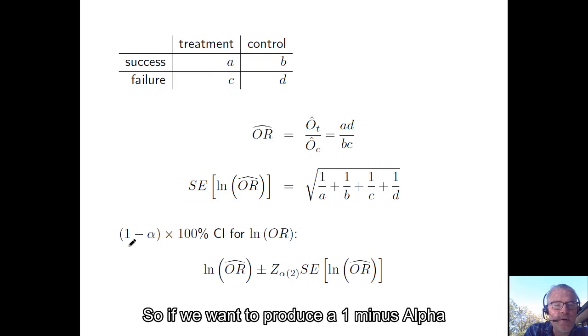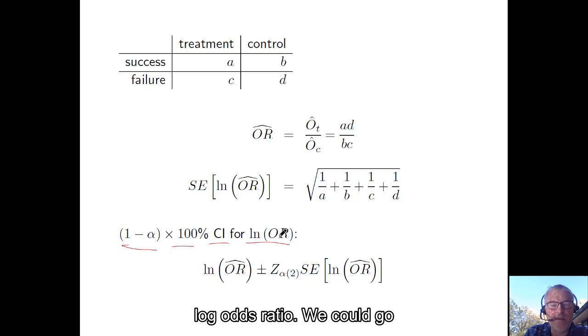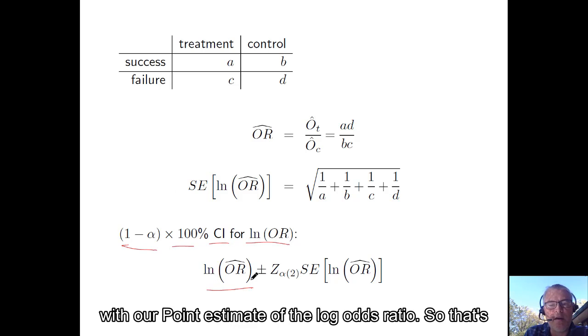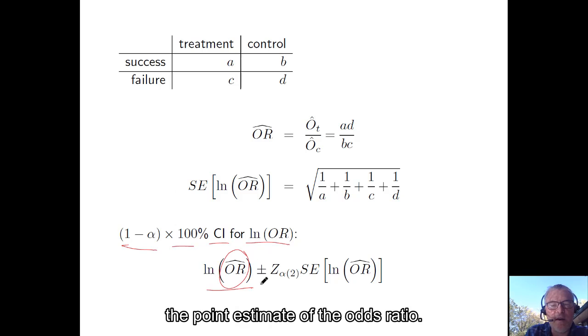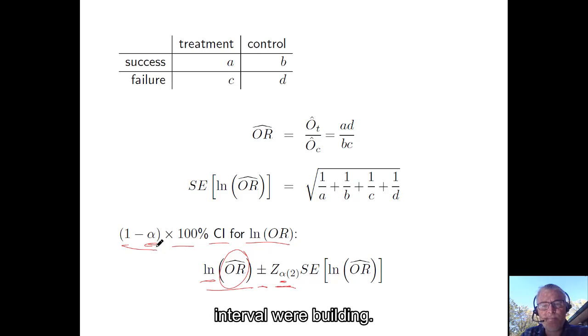So if we want to produce a 1 minus alpha times 100% confidence interval for the log odds ratio, we just go with our point estimate of the log odds ratio. So that's the point estimate of the odds ratio, and we take the natural logarithm of that, plus or minus a z statistic where the alpha level is determined by what kind of confidence interval we're building.